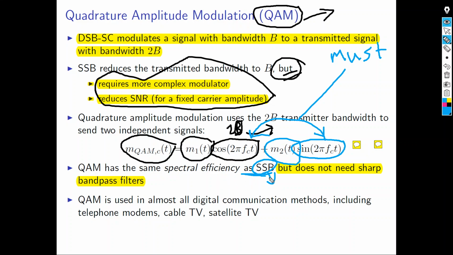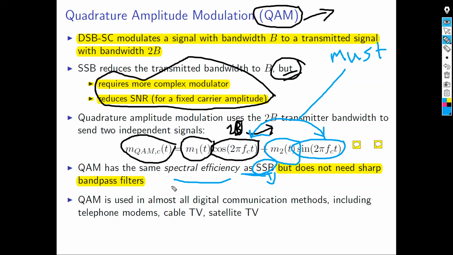So single sideband has the same spectral efficiency as QAM, but doesn't need sharp band pass filters. This is the good thing about QAM here. You don't need sharp band pass filters. Yes, and this is a very nice thing to have, because most of the complexity in single sideband is due to the fact that we are using sharp band pass filters.